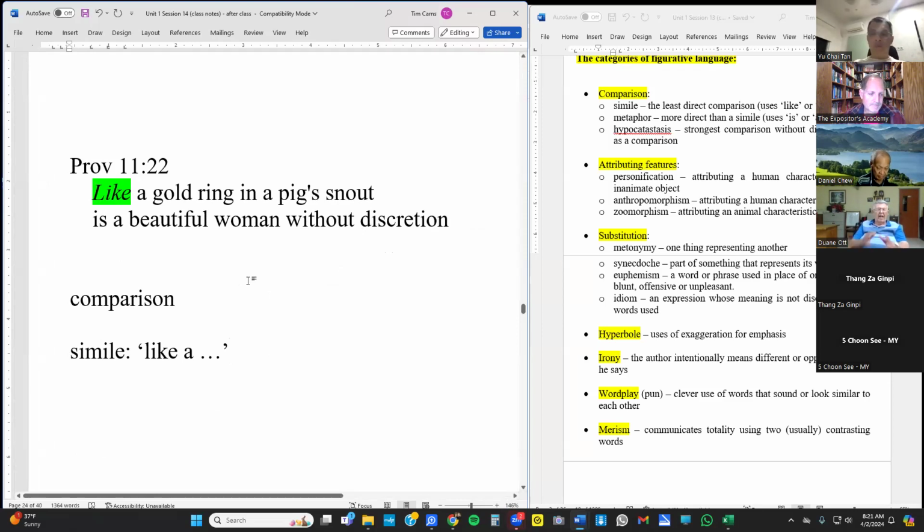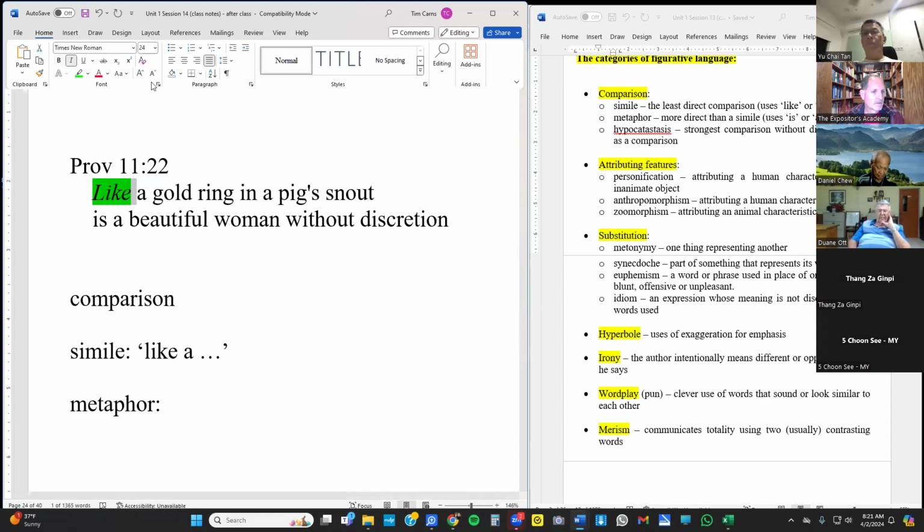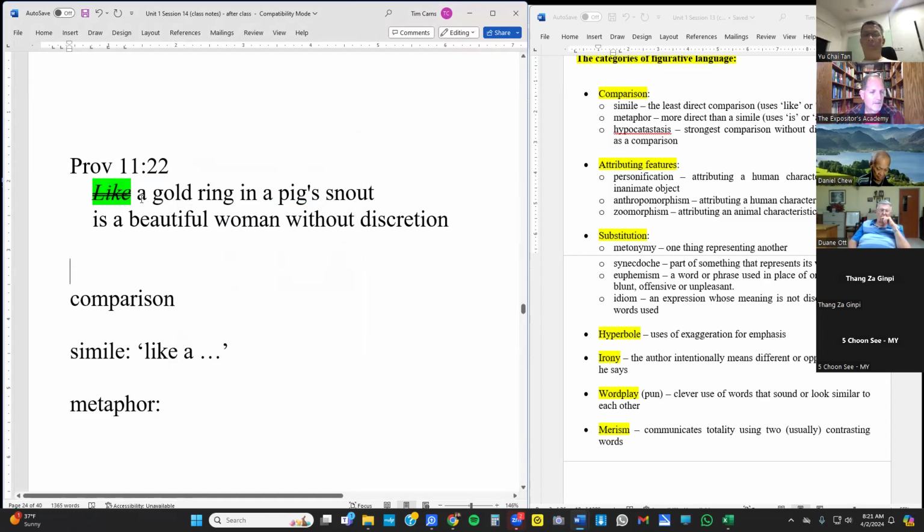It's obviously an extreme comparison. So this really is a metaphor because there is no like. We could just cancel it out. A gold ring in a pig snout is a beautiful woman without discretion. That's what the verse literally reads.